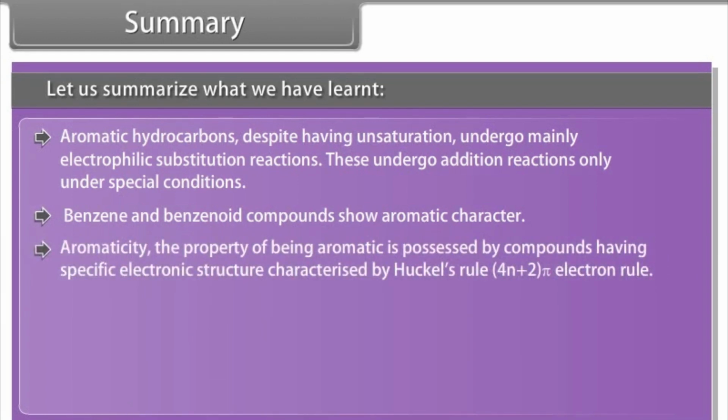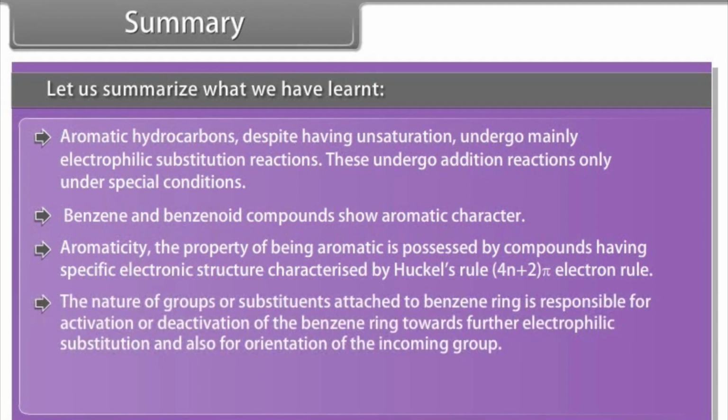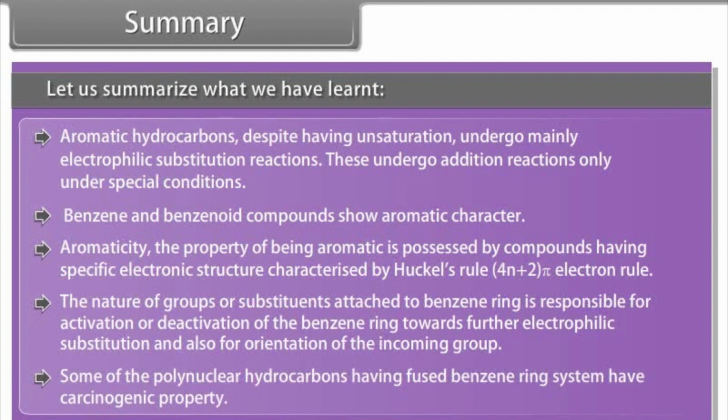Aromaticity, the property of being aromatic, is possessed by compounds having specific electronic structure characterized by Huckel's rule, the 4n+2 pi electron rule. The nature of groups or substituents attached to the benzene ring is responsible for activation or deactivation of the benzene ring towards further electrophilic substitution and also for orientation of the incoming group. Some of the polynuclear hydrocarbons having fused benzene ring systems have carcinogenic property.